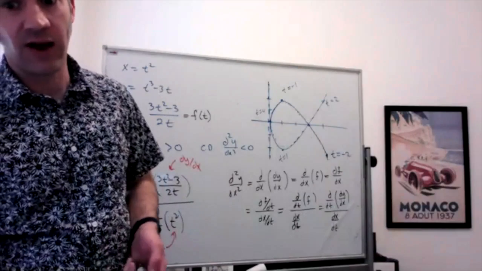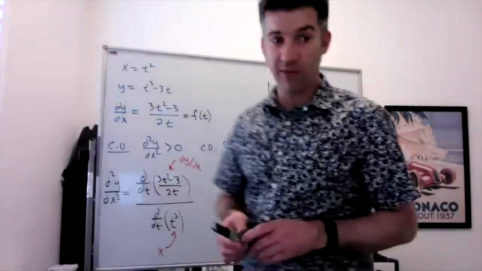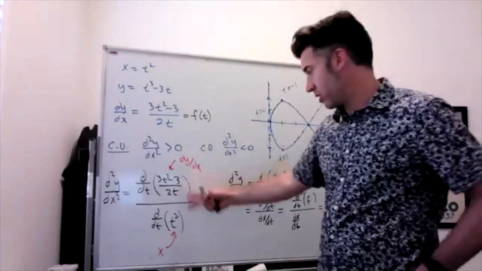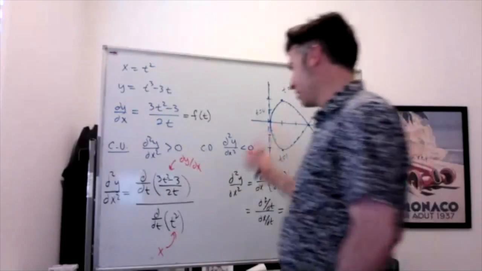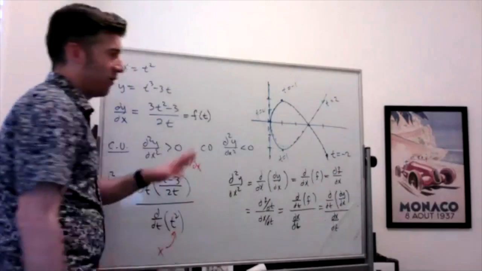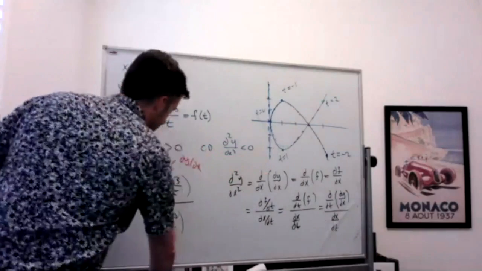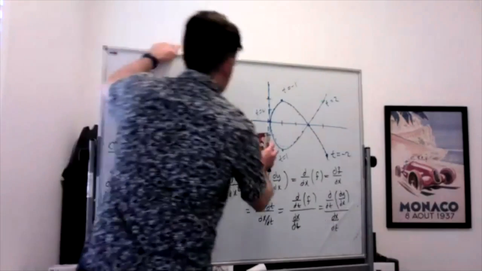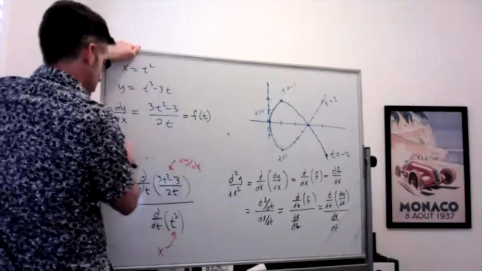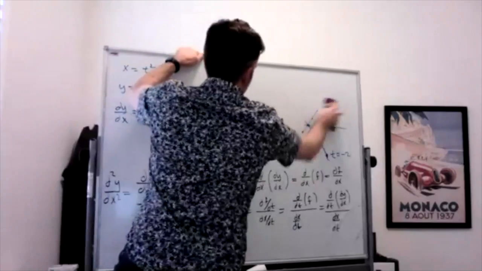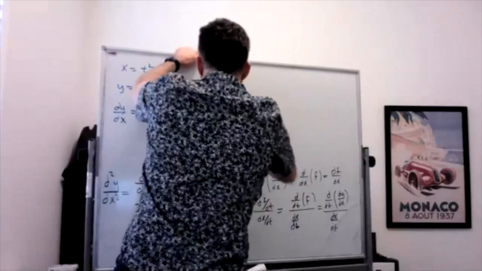All right, I would rather not use the quotient rule if I don't have to. So instead of using the quotient rule here, I'm going to erase the graph. We know from the graph it should be concave down when t is negative and concave up when t is positive. I need some more room though. So let's see.